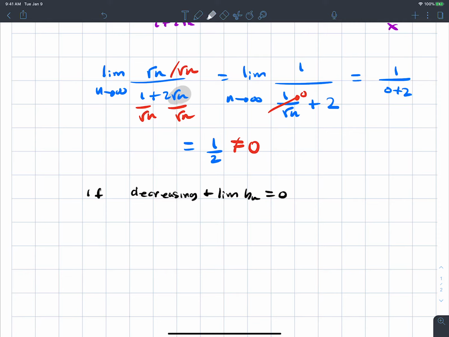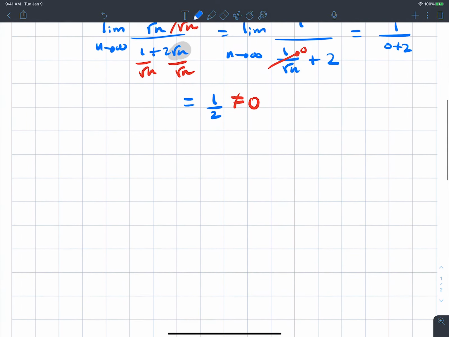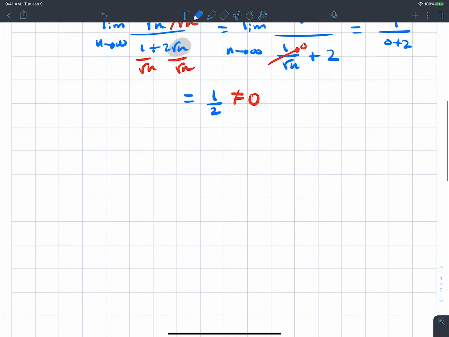If you have this, then we say that this converges by the alternating series test. All right, here we go. This limit is 1/2 and it's not 0. Okay. Nevertheless, this is good information. Okay, I'm going to put this happy face here.